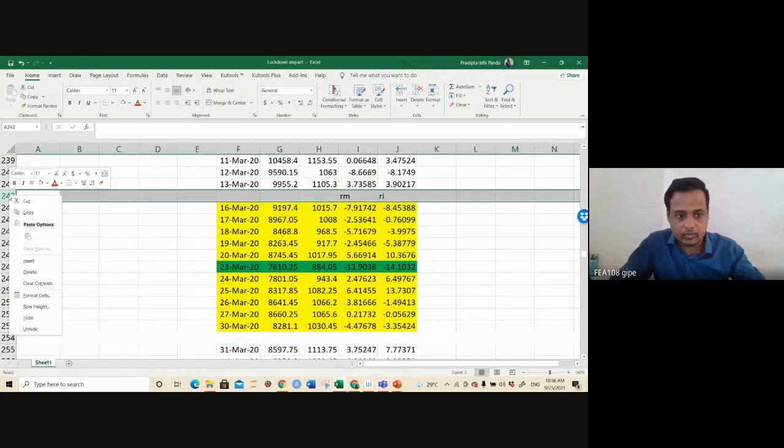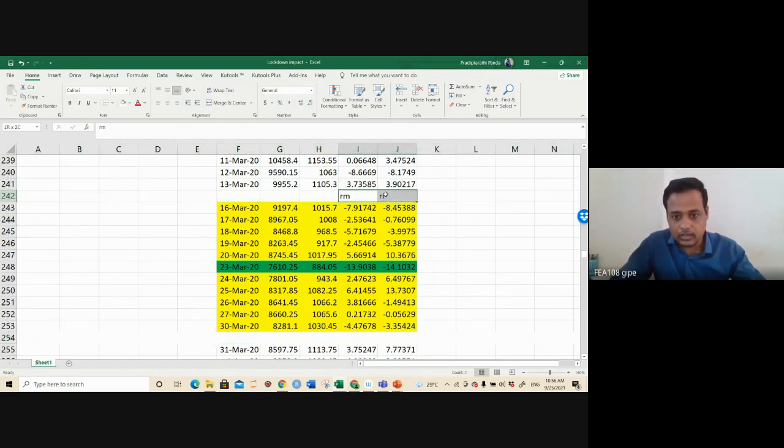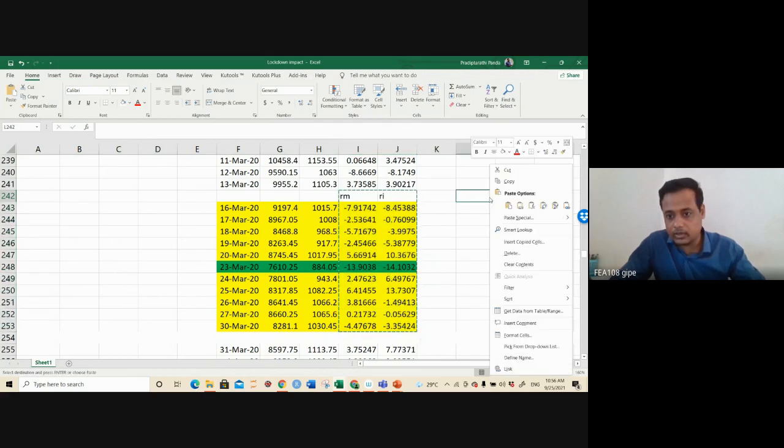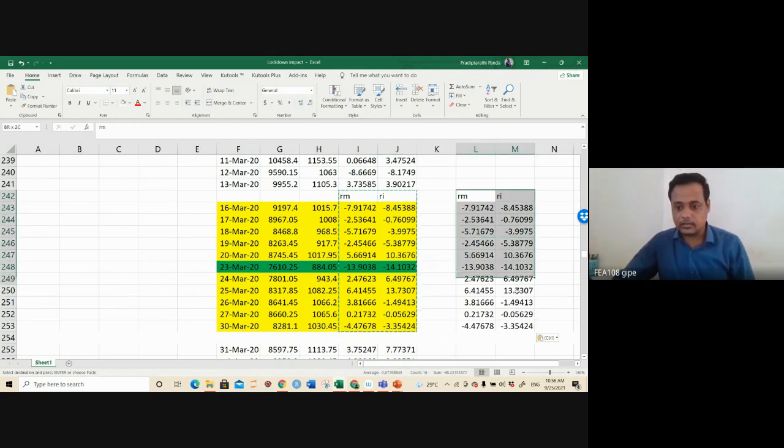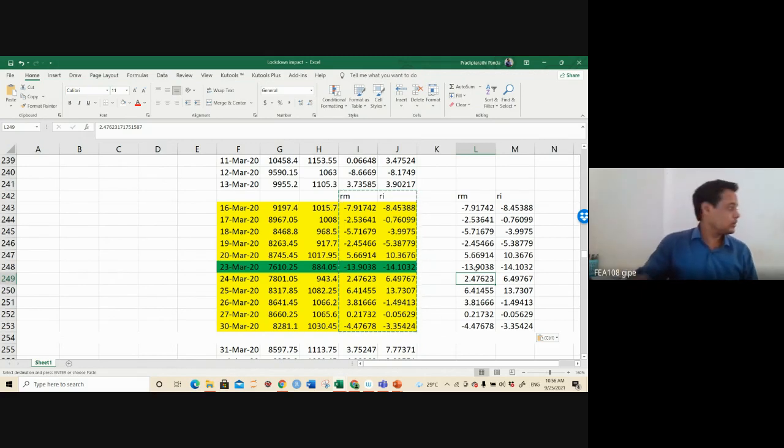You can give one more, or you don't write here. You just copy this return, paste it without formula. Paste it as values here. Copy this return of event window, market return, and your Reliance return, and paste it over here without formula. Just paste it as values. Done.